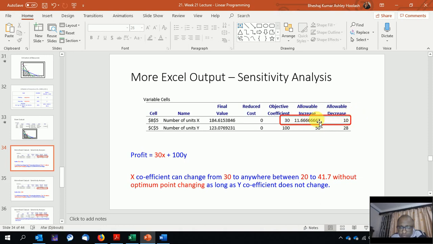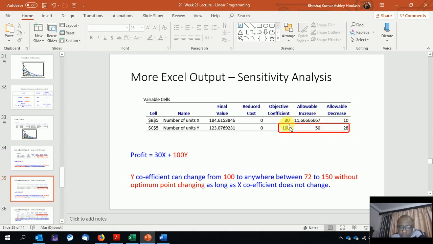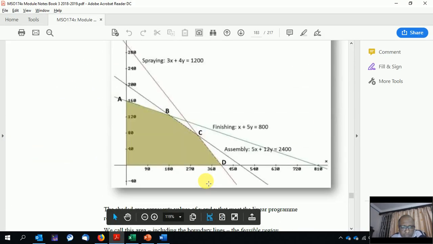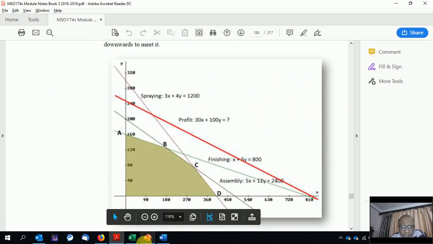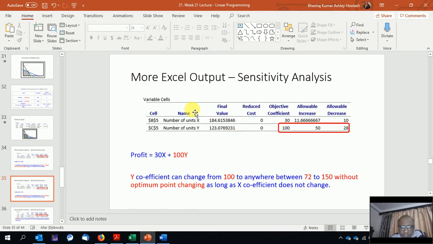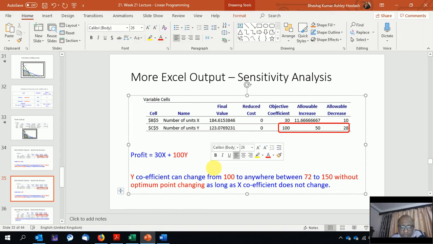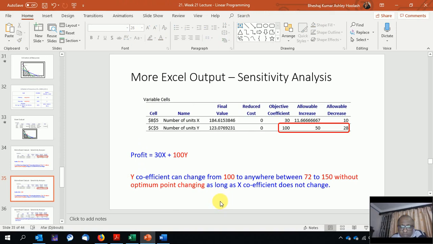So here we have the 30 and a pair of numbers, and here we have the 100 and a pair of numbers. So you want to read the PDF and see how it's been explained here. I'll let you read that yourself. So that's the first sensitivity analysis which we made on the variable cell. Right, that's the first type of sensitivity analysis we can make.